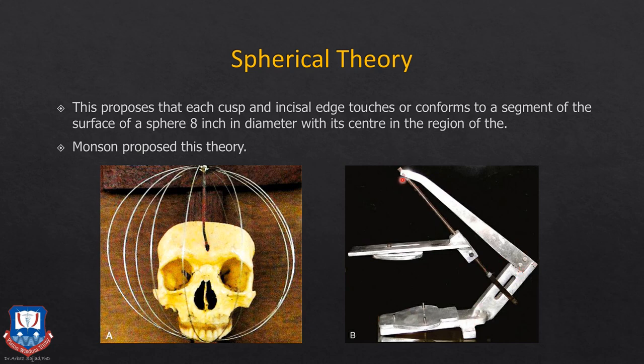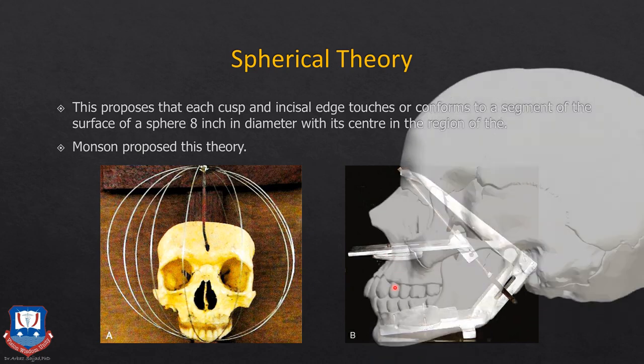So you can see this articulator has a joint over here, and this represents the diameter of 8 inches. In this articulator the spherical theory says that the occlusal and the incisal surfaces of the upper teeth, that is the maxillary teeth, should conform to a segment of a sphere which is 8 inches in diameter and with its center at the glabella.